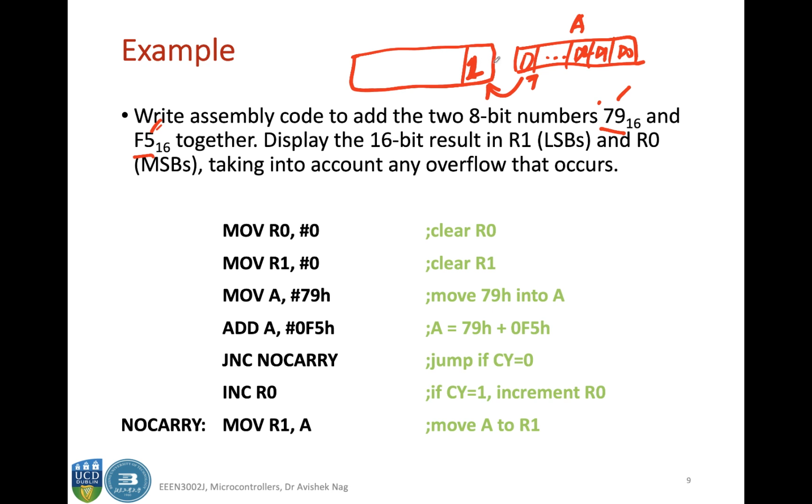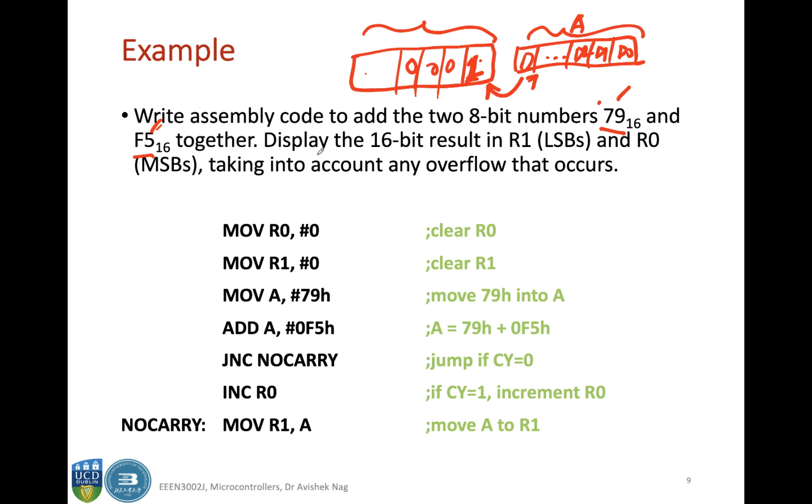Even a 1-bit carry has to be here, and the rest will be 0. So we have to use another 8-bit register to store the final result, which is 16 bits. This 8 bits where everything is 0 except this, and then this 8 bits. So there has to be a 16-bit result.